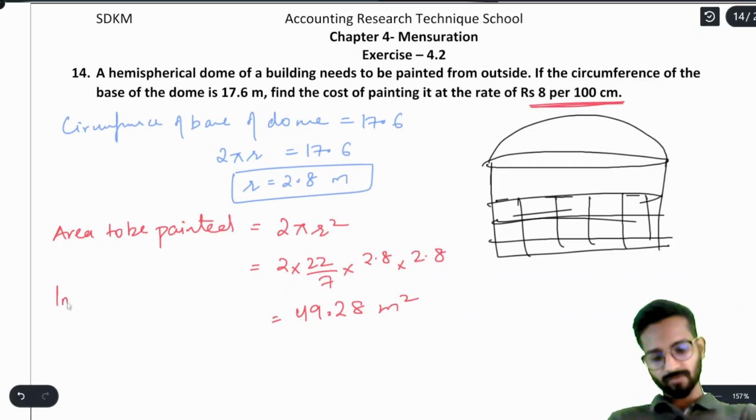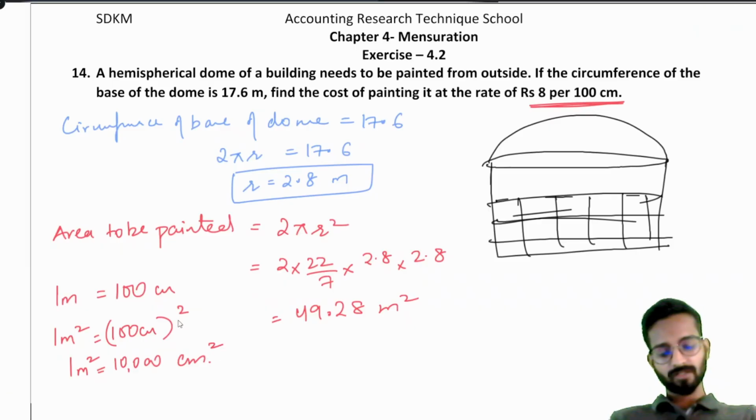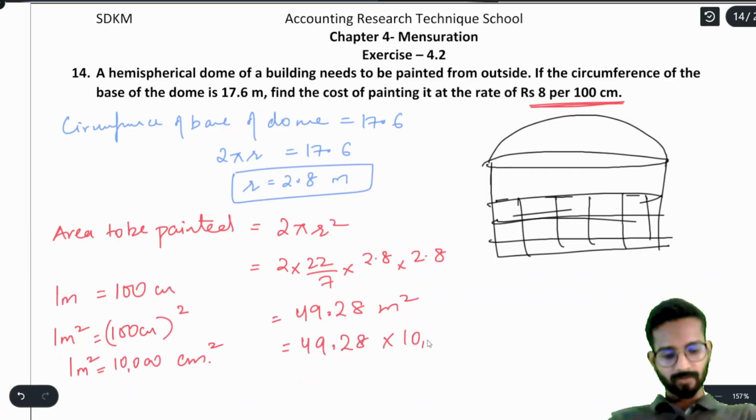So just for our information, 1 meter is 100 centimeter. When you square it, 1 meter square will become 100 centimeter whole square, which is 10,000 centimeter square. Understood? Squaring on both the sides. So 49.28 multiplied by 10,000 centimeter square will become 492800 centimeter square. Simple enough.